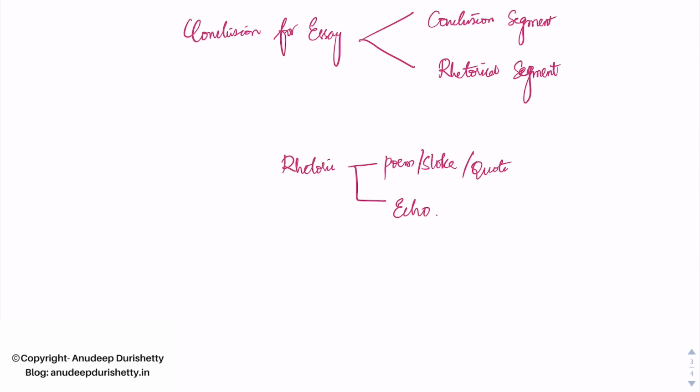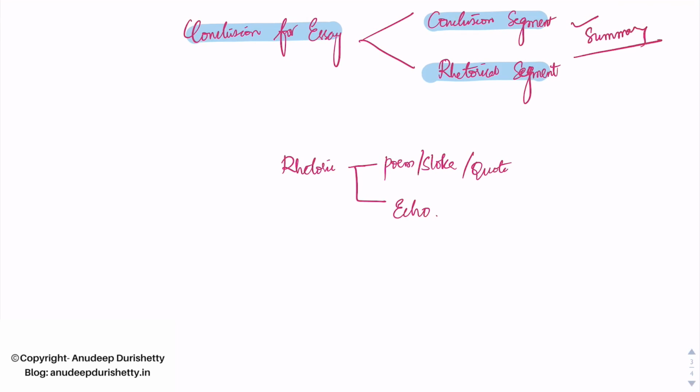A conclusion should accomplish two goals. One, give the reader a comprehensive overview of the whole essay, and two, leave a favorable impression on the reader's mind long after he or she finishes reading it. To that end, a conclusion has two segments. One, a conclusion segment, and two, a rhetorical segment. Conclusion segment is a clear, concise summary of the arguments of the essay.